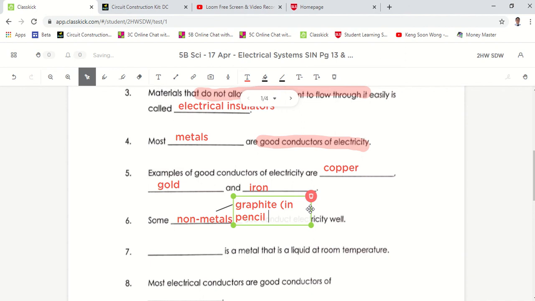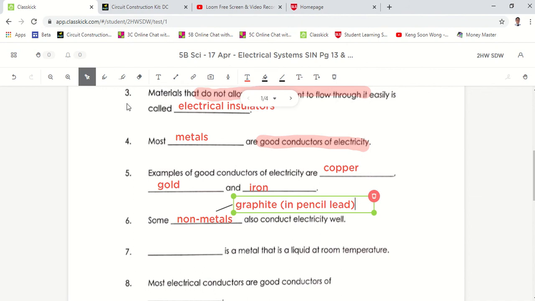Later we'll try using the circuit construction kit to figure out whether it can conduct electricity. So some non-metals can conduct electricity, for example, graphite, which you find in pencil lead.